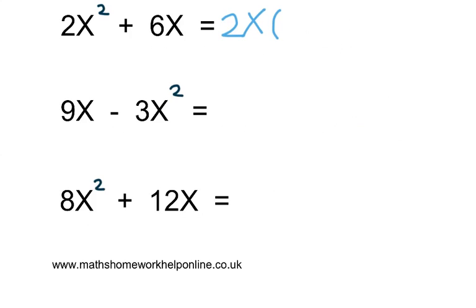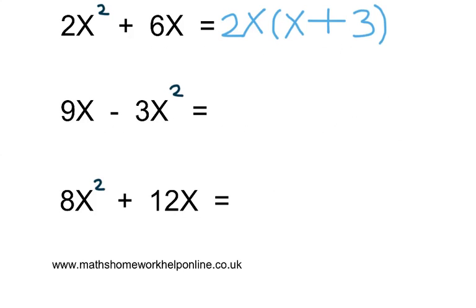So inside the brackets, we need to think, what do we times 2x by to get 2x squared? So the number part is fine, we just need one more x. So that will be x plus, again, what do we times 2x by to get 6x? So the x bit is fine, but we just need to work out what do we times 2 by to get 6, and the answer is 3. So putting that together, we get 2x brackets x plus 3 close brackets.